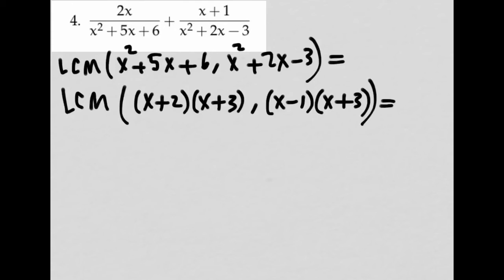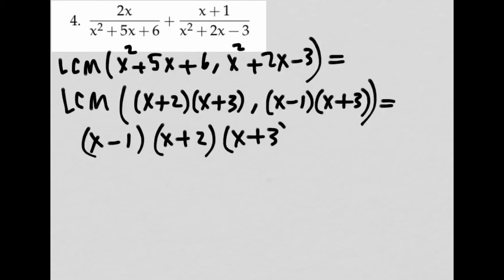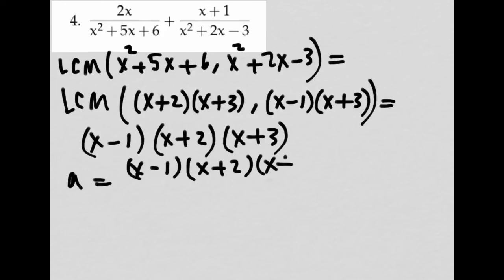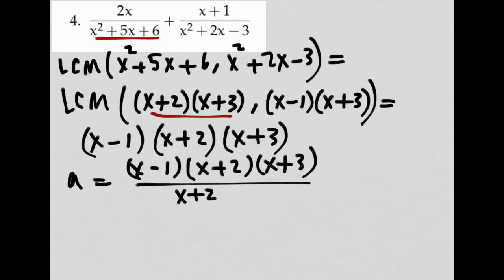So the LCM is x minus 1, x plus 2, x plus 3, all multiplied together. Now A is the LCM, x minus 1, x plus 2, x plus 3, divided by x plus 2, x plus 3, which is the same as x squared plus 5x plus 6, and that's equal to x minus 1.